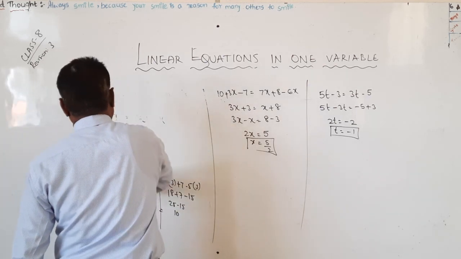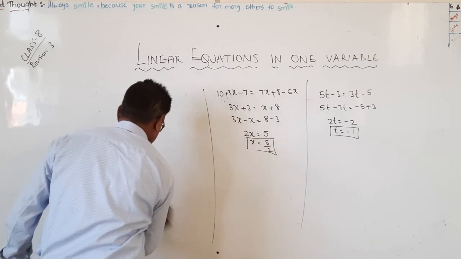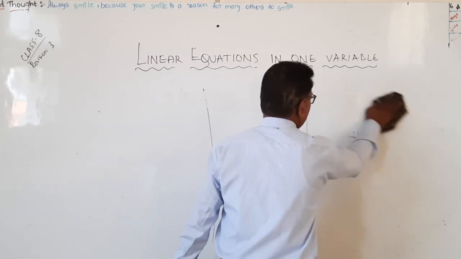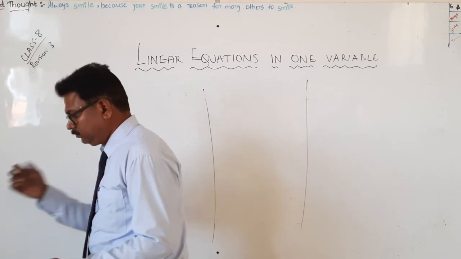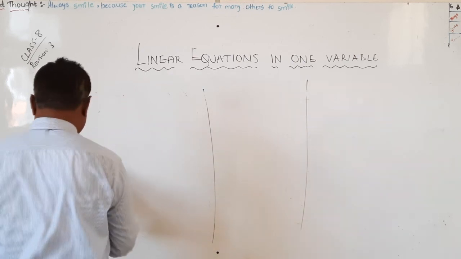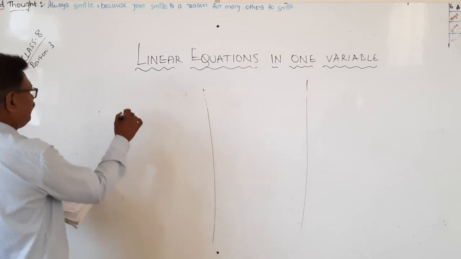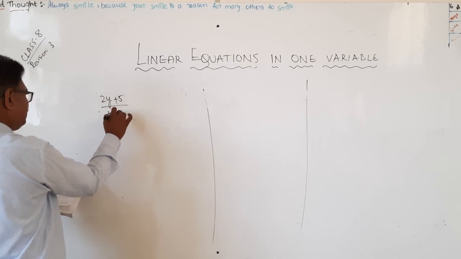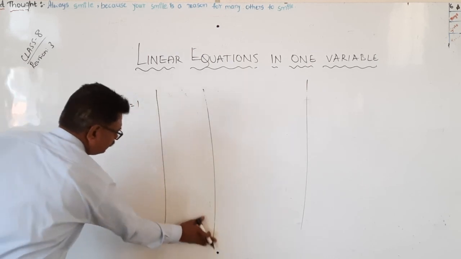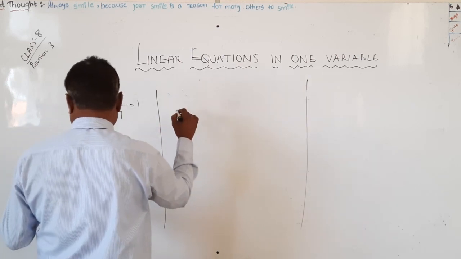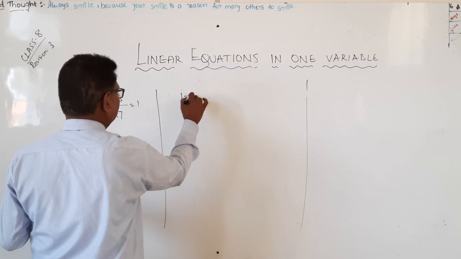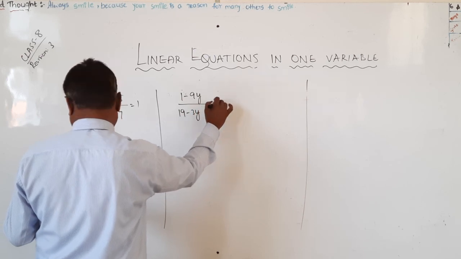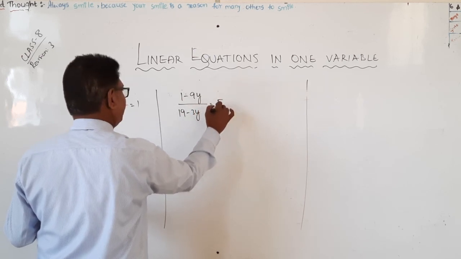Yes, some more problems. 2y plus 5 divided by y plus 7 equal to 1. 1 minus 9y by 19 minus 3y equal to 5 by 8.